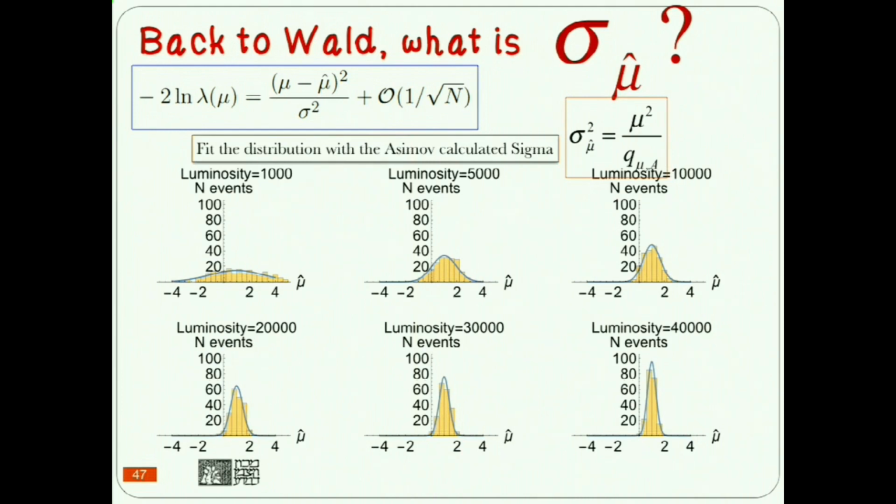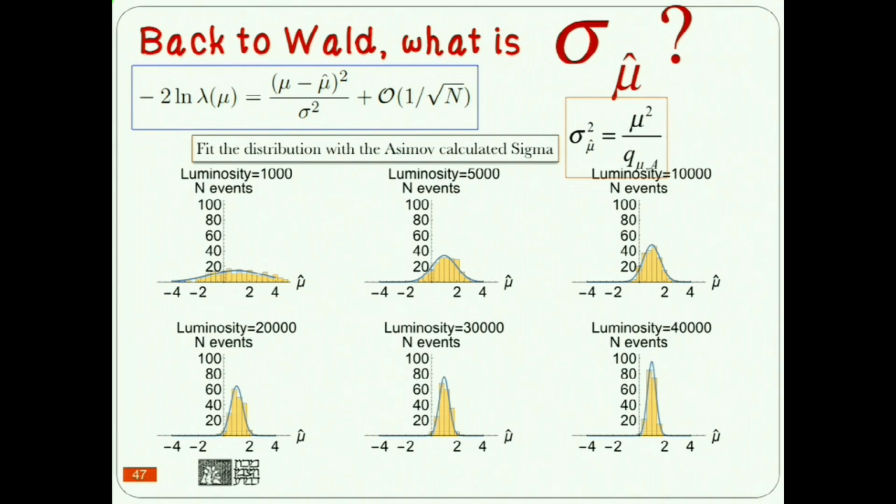So here, I play my game, and what I do is with my toy model, I actually change the luminosity from 1,000 to 40,000. I get my mu hat distribution, and I fit it with the Gaussian, with the width of the Gaussian given by 1 over q1 Asimov.